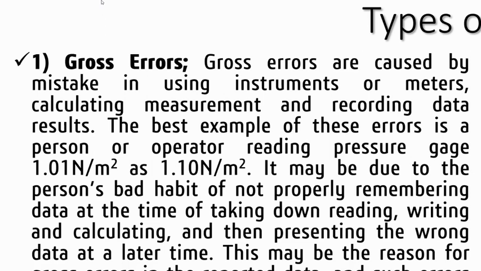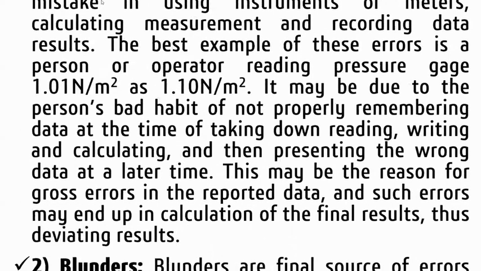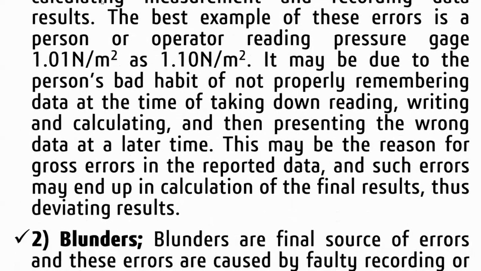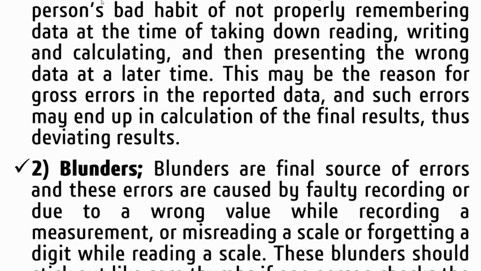It might be due to the person's bad habit of not properly remembering data at the time of taking down the reading, writing or calculating, and then presenting wrong data at a later time. This may be the reason for gross error in the reporting data. Such error might end up in the calculation of the final result and thus deviate the result.